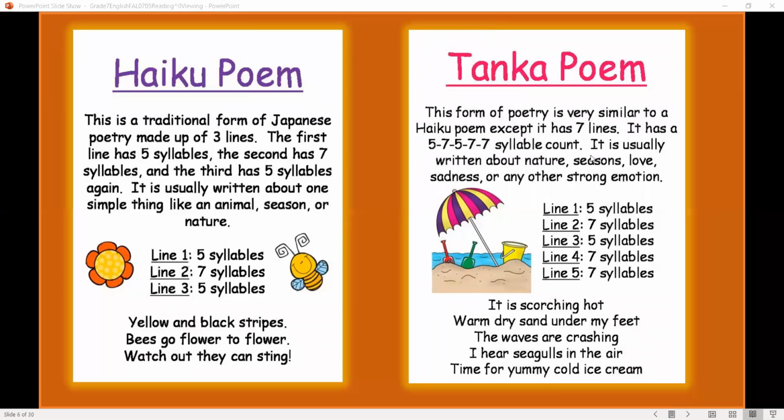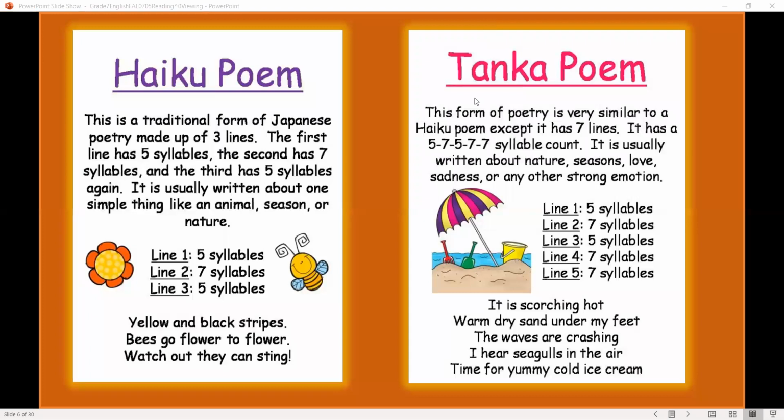Have you ever heard about the Tanka poem? The Tanka poem. Who's heard about the Tanka poem? Nobody. Well, this form of poetry is very similar to the haiku poem.